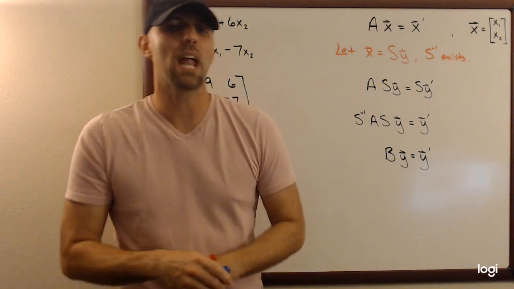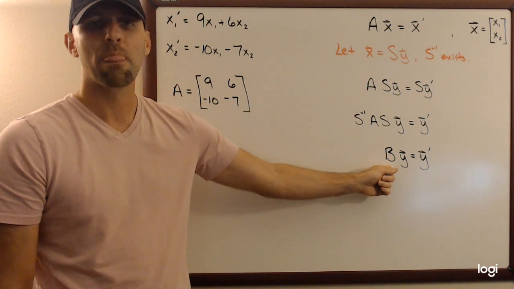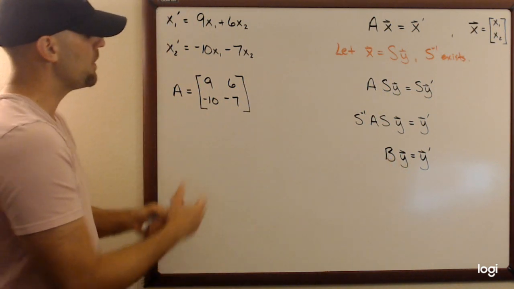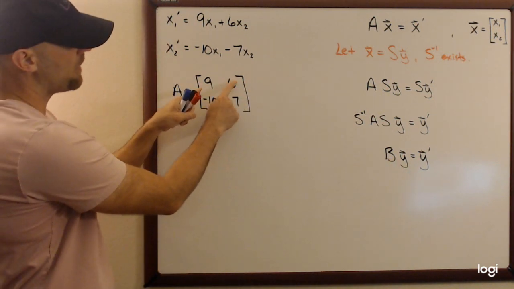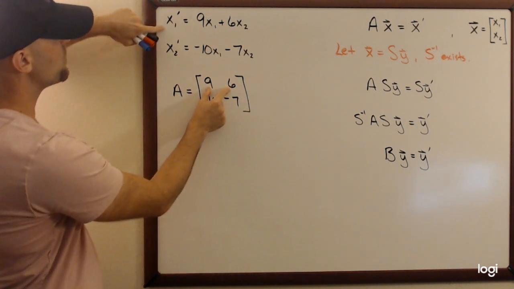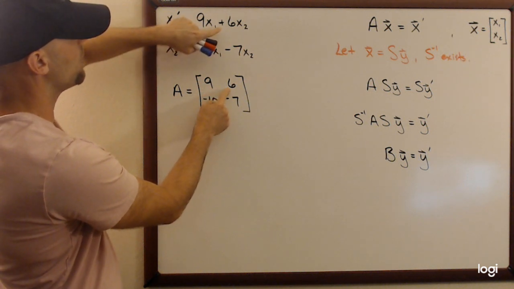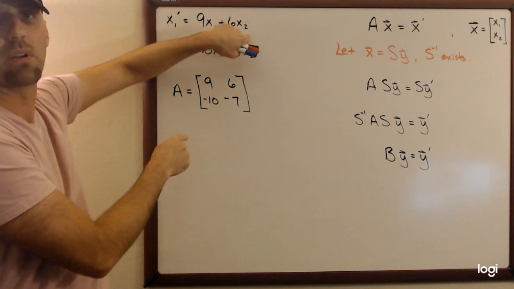But think about what would happen if my coefficient matrix down here, B, were diagonal. Well, if it were diagonal, this value would be 0, wouldn't it? And then instead of this first equation reading like this, it would read x1 prime equals 9x1 plus 0x2.